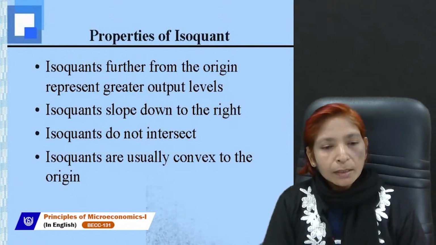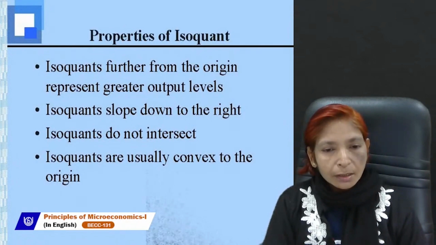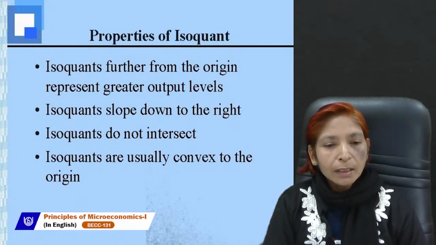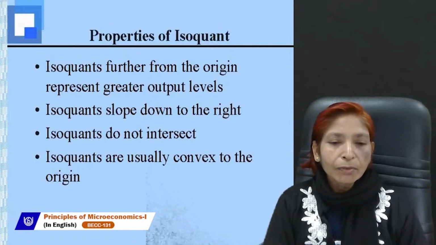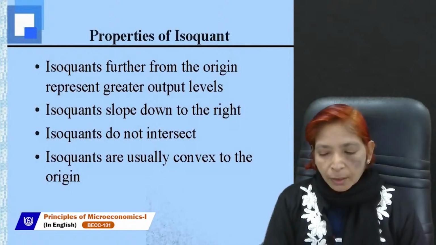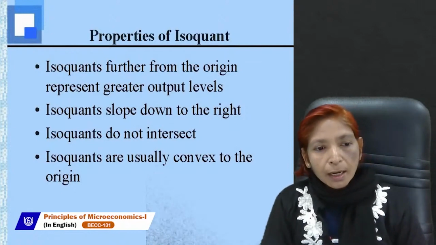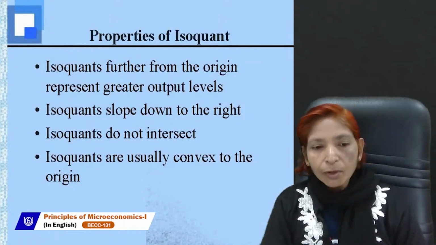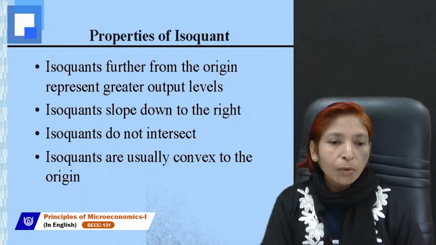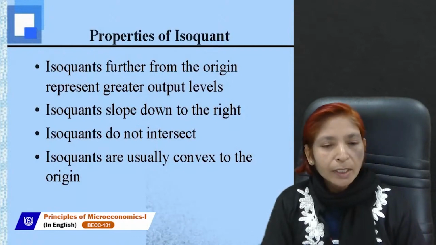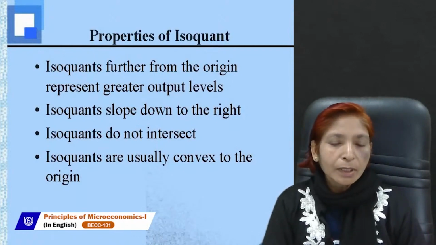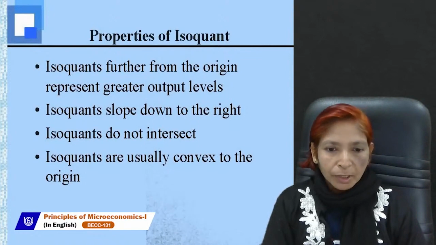Same as isoquant can never intersect each other because each isoquant curve shows different combinations of two factors of production. And as you know that higher isoquant shows higher level of output and lower shows lower level of output, then how can we say that isoquant curves intersect each other?